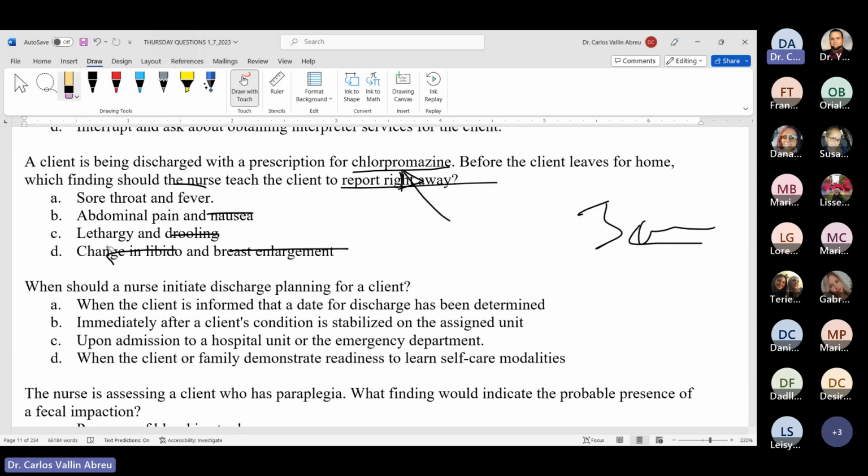Maybe some of you don't remember that the earliest manifestation of agranulocytosis is sore throat and fever. In agranulocytosis there is a very low count of neutrophils, and for that reason the body becomes infected with its own normal flora.